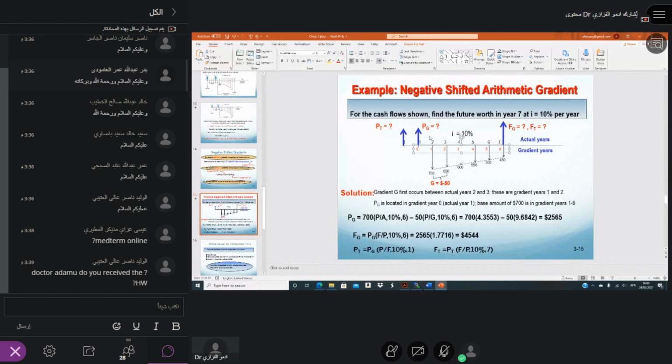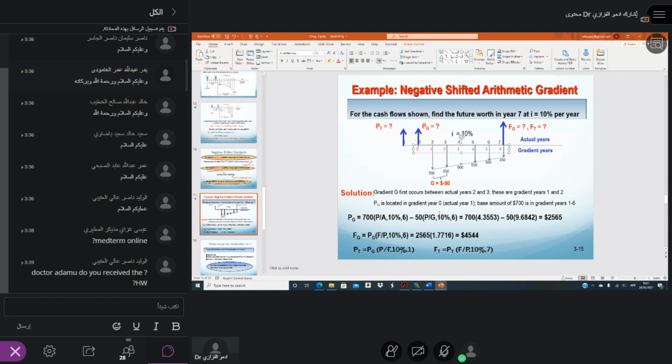So if you want to calculate this PG, now you have the amount as 700 and 10% I, the number of periods is 6, then minus, you are given the gradient now, which is $50. This will be a negative sign, because it is decreasing, so this will be negative. So that is just the difference. So you calculate P, and this will give you PG.